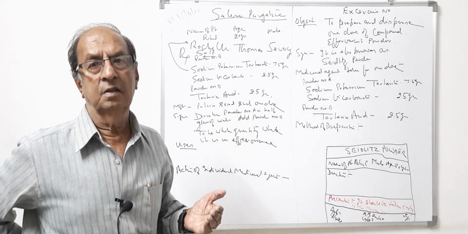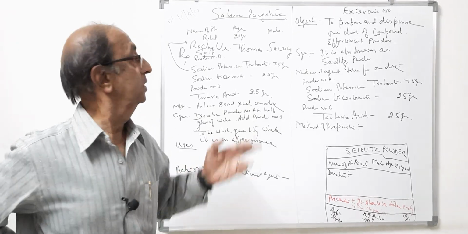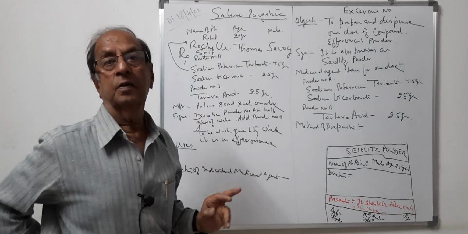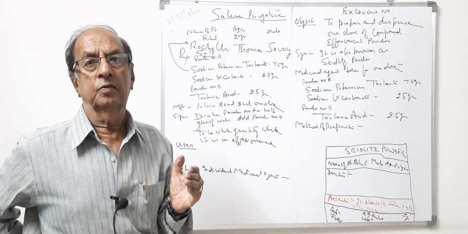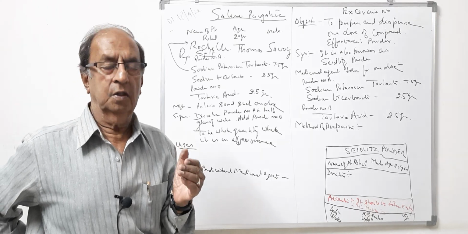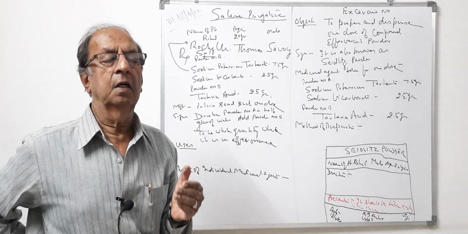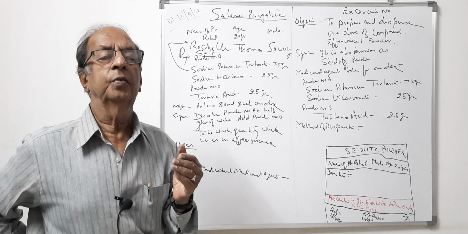To remove that constipating effect, one is saline purgative. Then there are 5 categories of purgatives. Another category, which you are going to read in theory in great detail, is irritant purgatives.